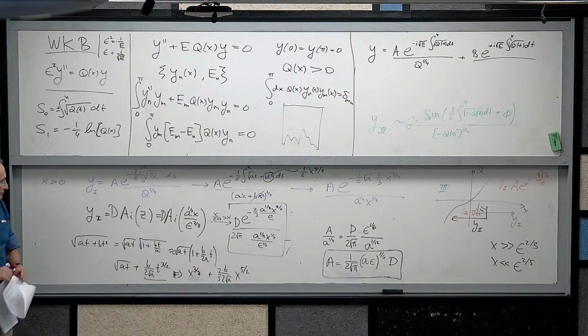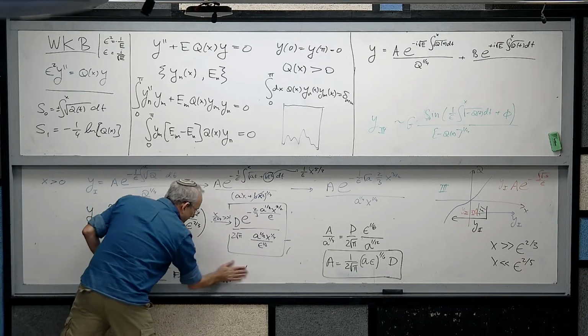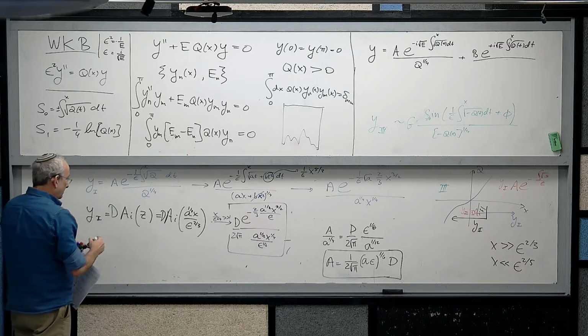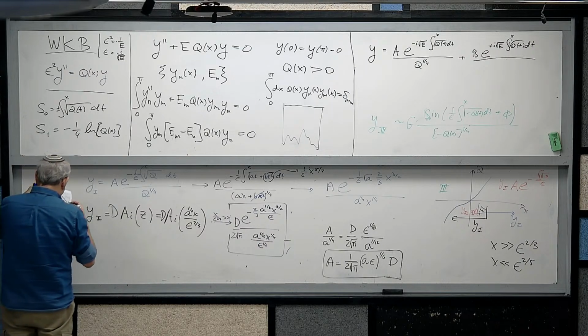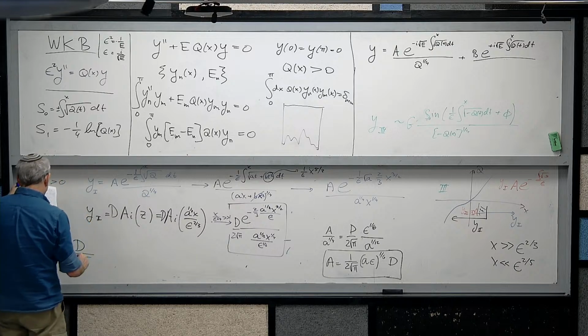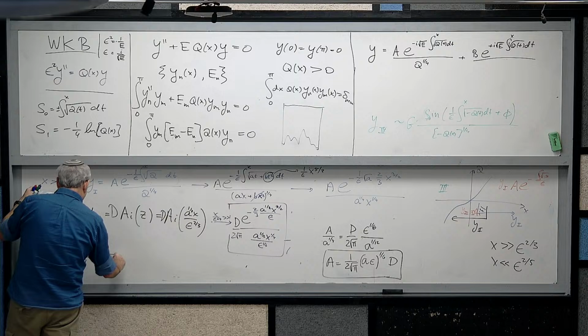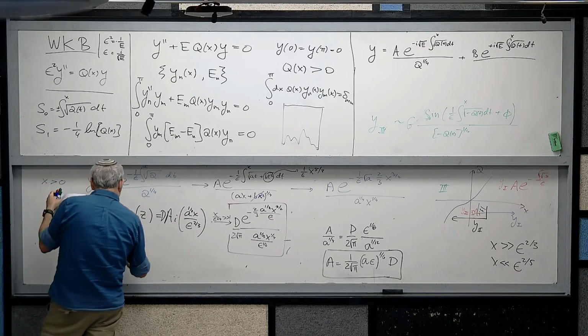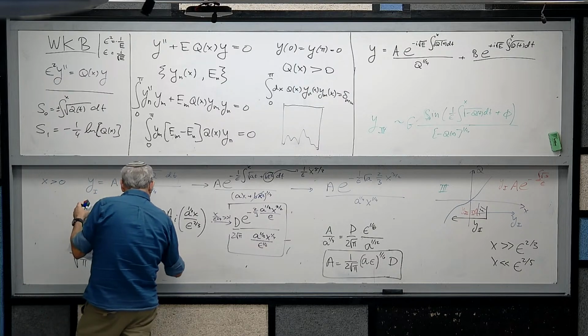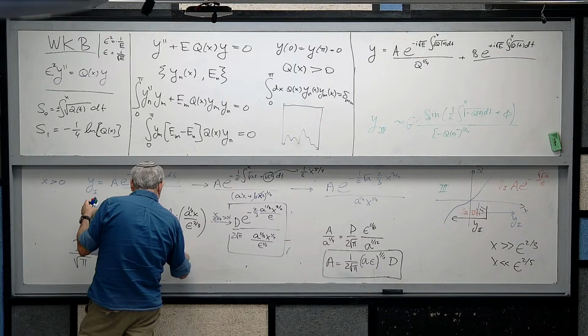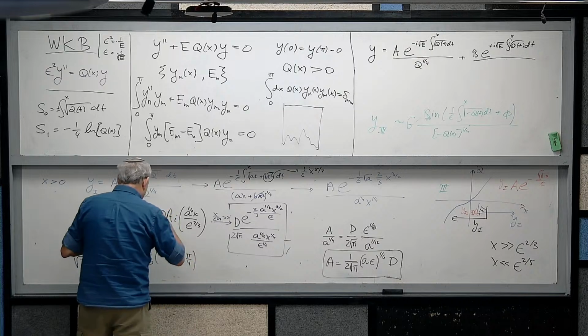The asymptotic of the same area at large negative argument is D times 1 over square root of pi, times 1 over minus z to the power of 1/4, times sine of 2/3 times minus z to the power of 3/2 plus pi over 4.